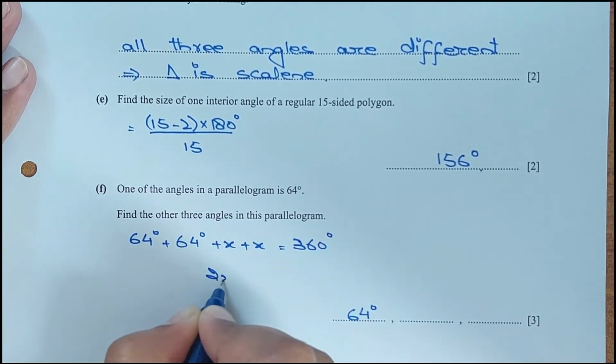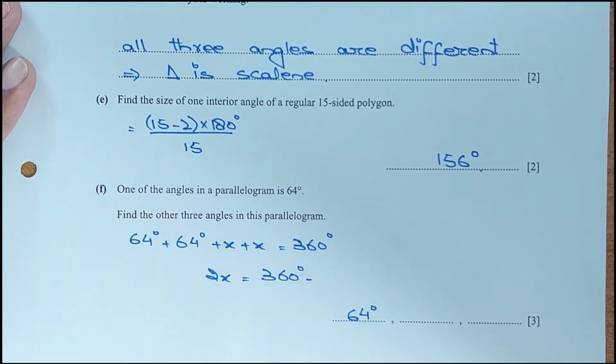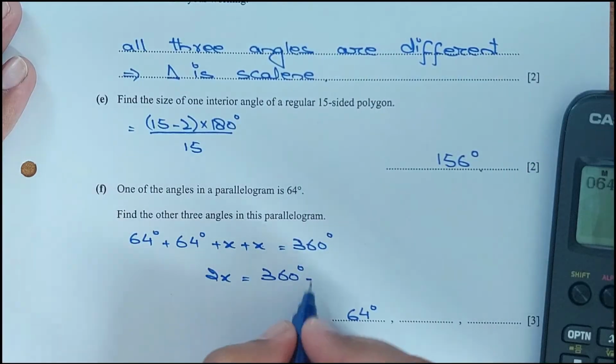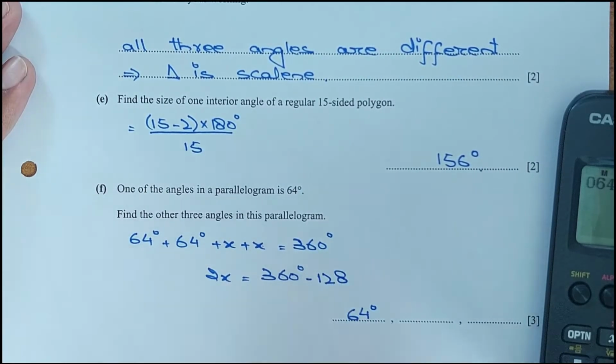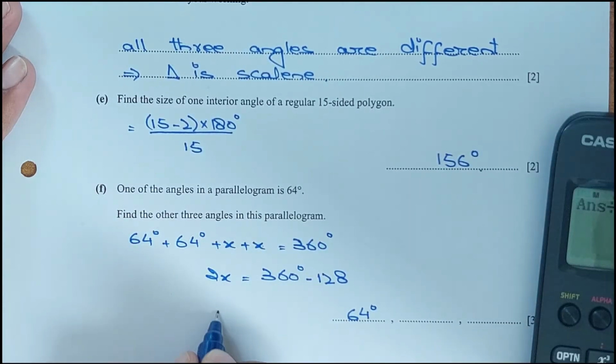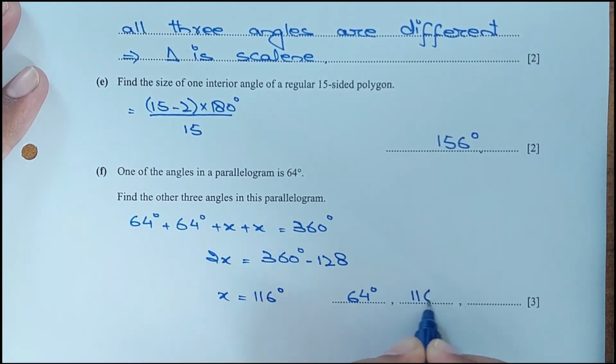Right, so 2x equals 360 degrees minus 64 plus 64, which is 128. 360 take away 128 divided by 2 is 116. So x is 116. The rest of the two angles are 116, because in a parallelogram opposite angles are equal.